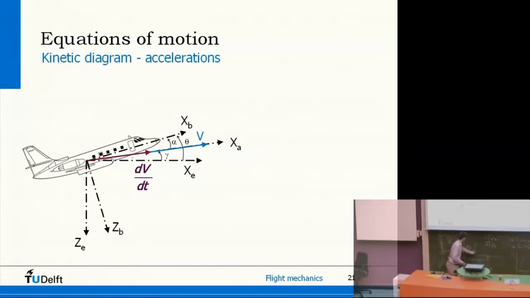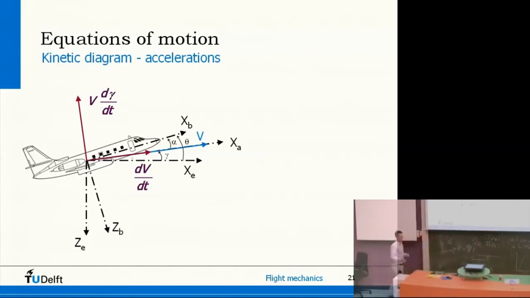Multiplied with radius. So, if you look at the vertical acceleration, then this may look a bit odd to you. I'm writing down v times d gamma dt. That may be a little bit strange. You think, where does that come from? But it's in fact the same as having v squared over r.